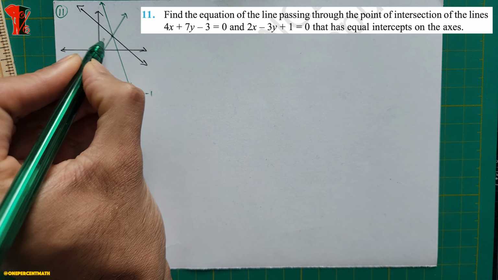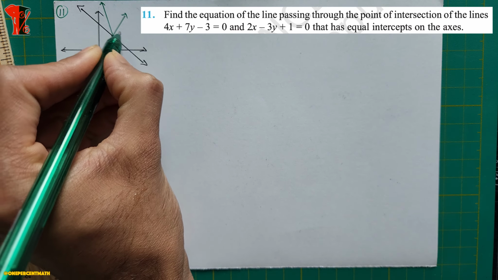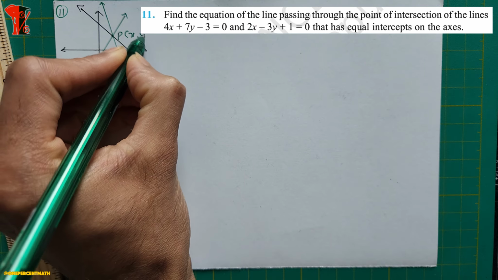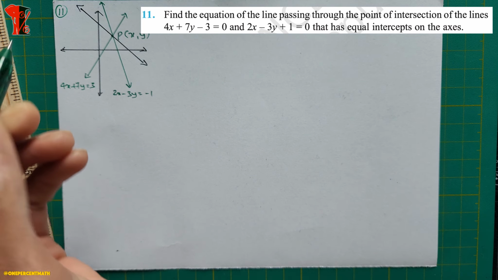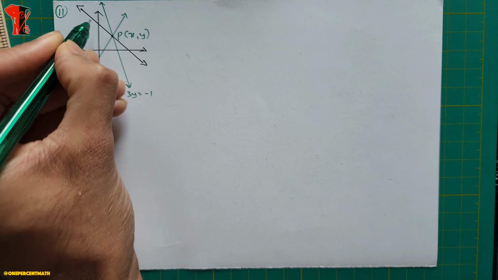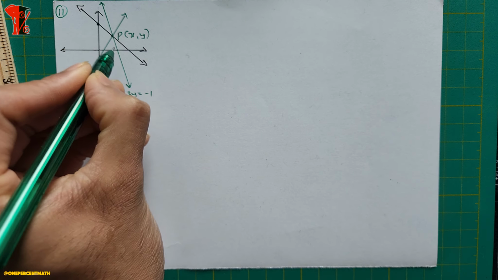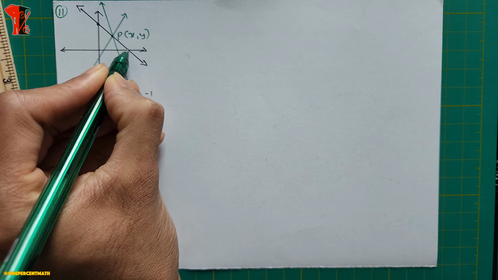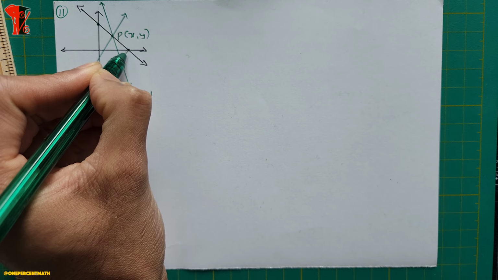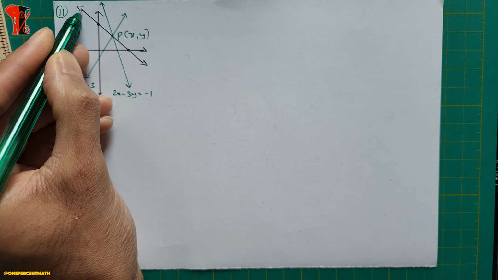And these two lines intersect at point P, okay? The coordinates of this point P are (x, y). There is one line which passes through it and has equal intercepts on the axes, that is the x and y axis, okay? Now we need to find the equation of this line.